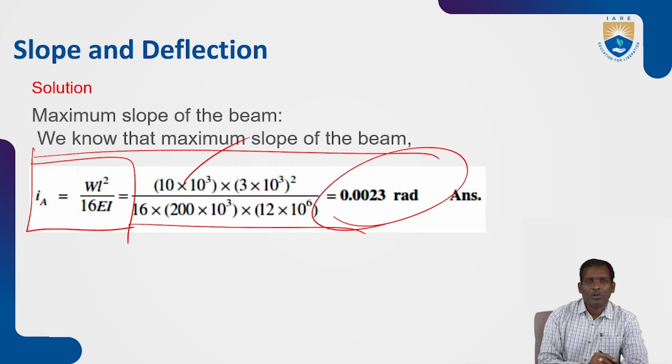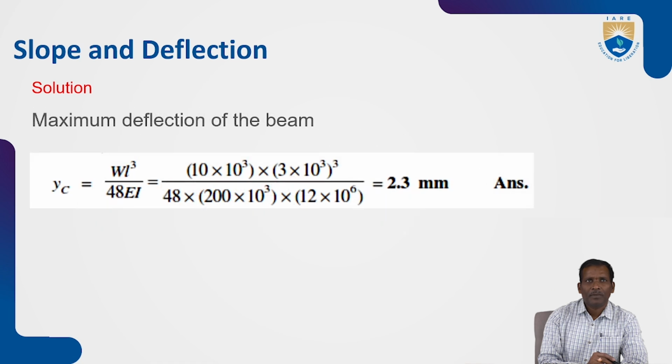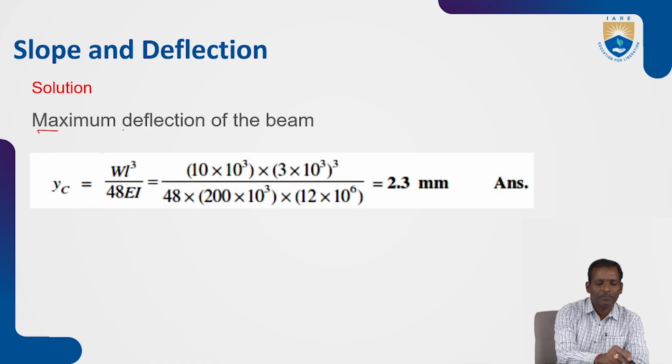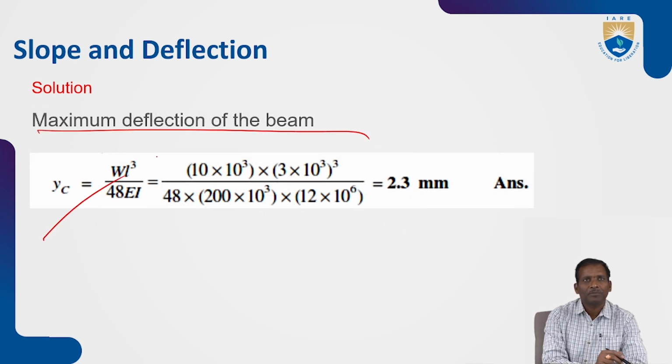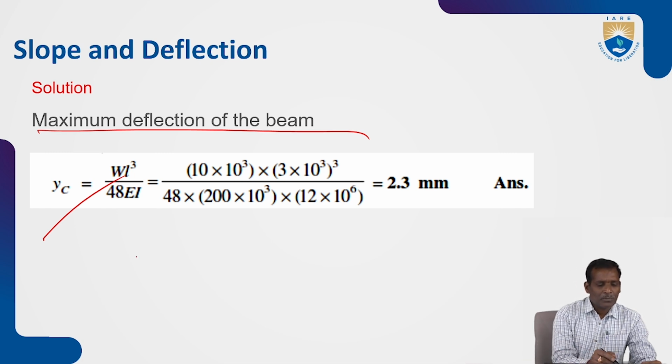Now the maximum slope of the beam is WL squared by 16 EI, and to find the maximum deflection, WL cube by 48 EI, for a simply supported beam.